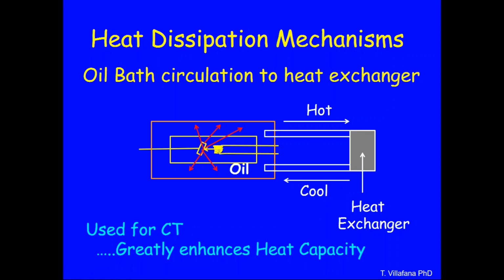And here we go again: the lower the temperature of the oil, the more efficient the heat transfer from the anode to that oil. So it greatly enhances the heat capacity, and we need it in CT scanning. All CT scanners have that additional oil bath circulation system with heat exchangers.